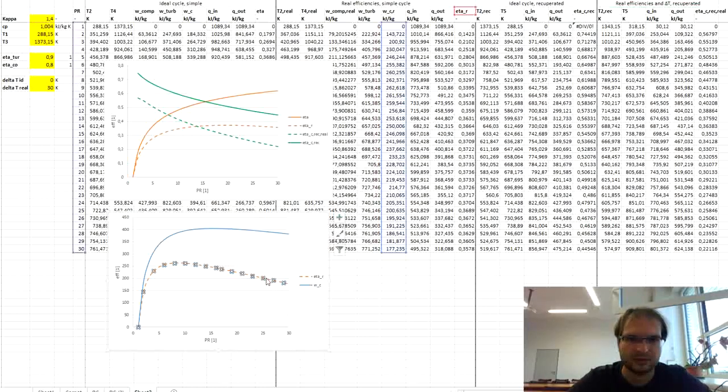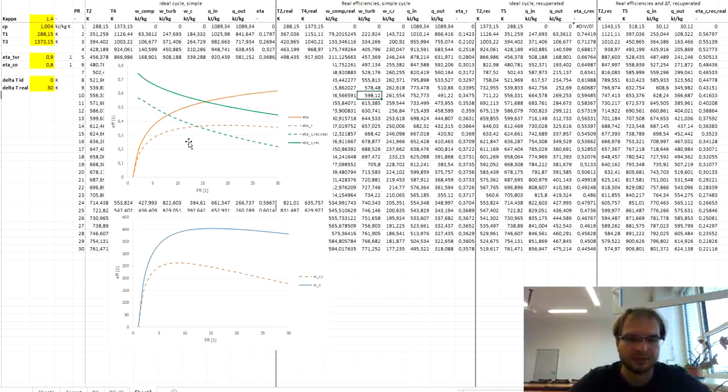For the work of the cycle, as we said, it remains the same regardless of the recuperation. We have just two parts. It's the ideal cycle and the real cycle. Recuperated ideal cycle would have same work as the simple ideal cycle, and the recuperated cycle with real efficiencies would have the same work of the cycle as real simple cycle.